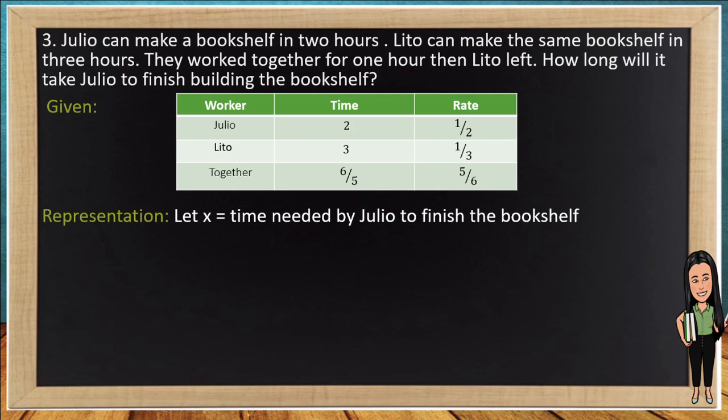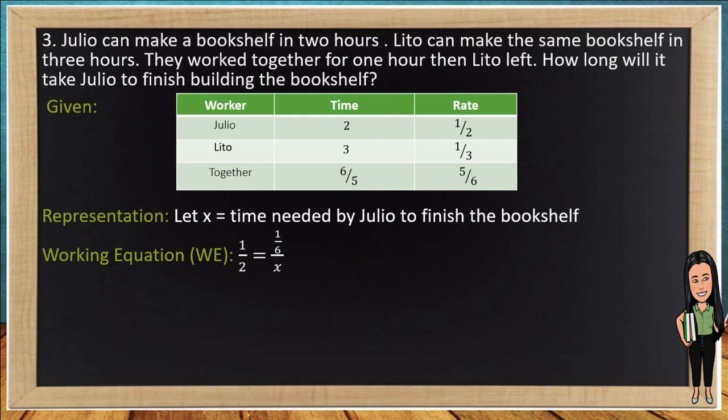Which means that for our working equation, we can equate 1/2, which is Julio's rate, to 1/6 over x, which is the rate of the remaining task that has to be done. Same rate kasi siya. Same rate ni Julio dahil si Julio yung tatapos.